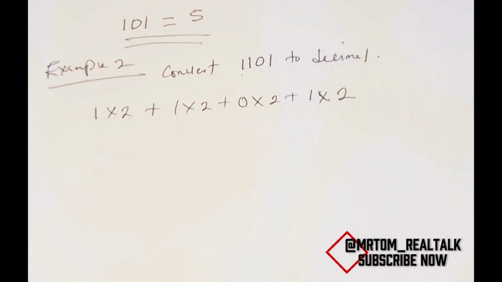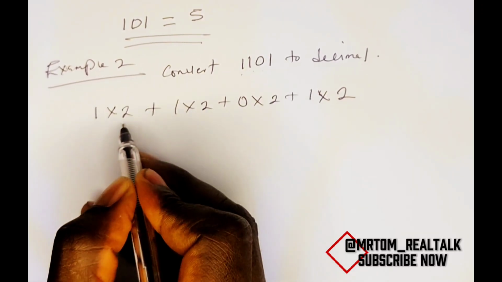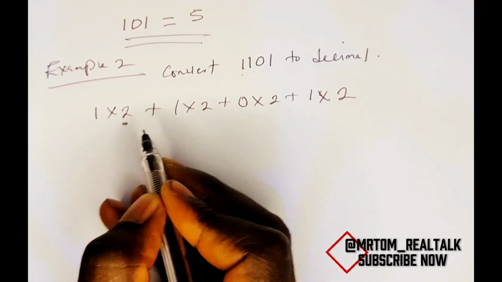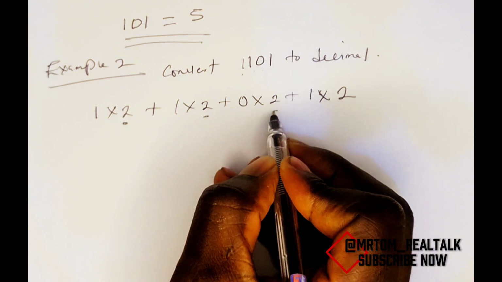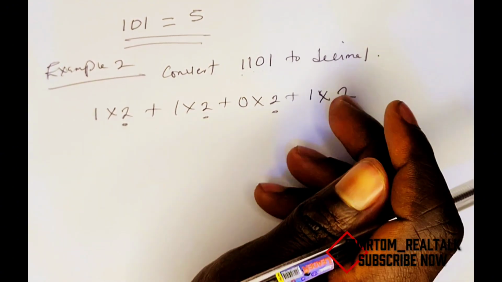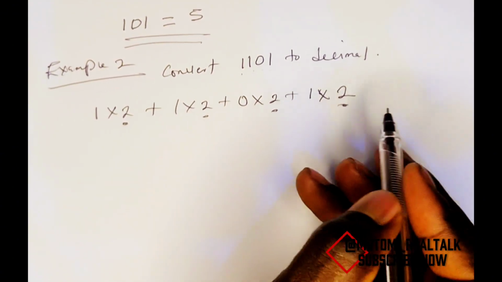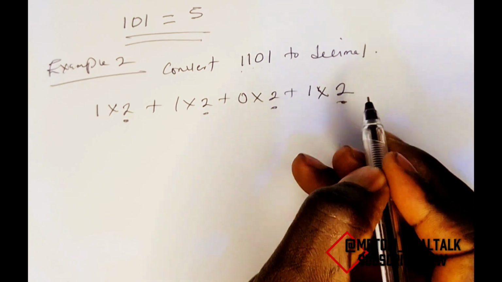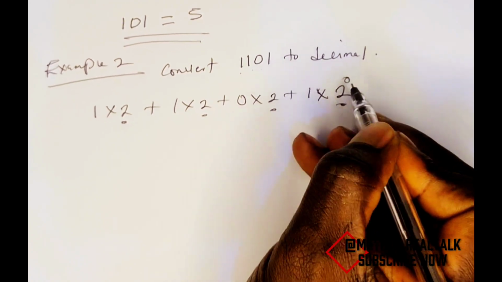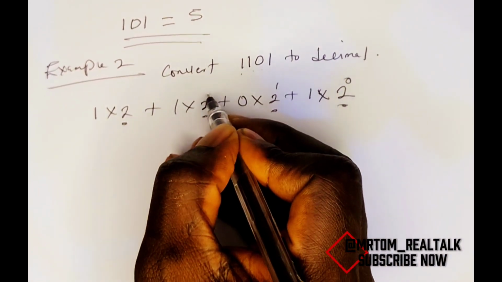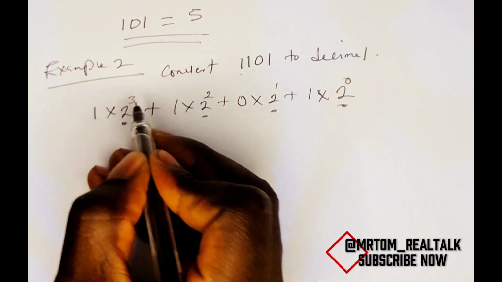Now you are raising the powers on each of the 2s you have assigned. Starting from the right, don't forget, we start from 0, 1, 2, and 3.